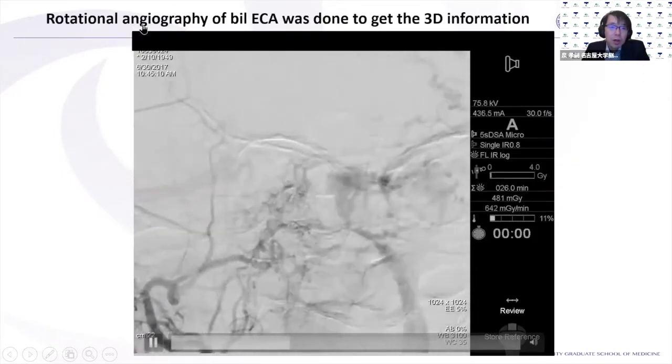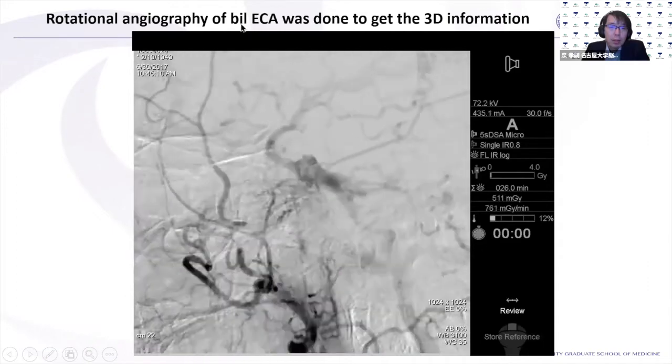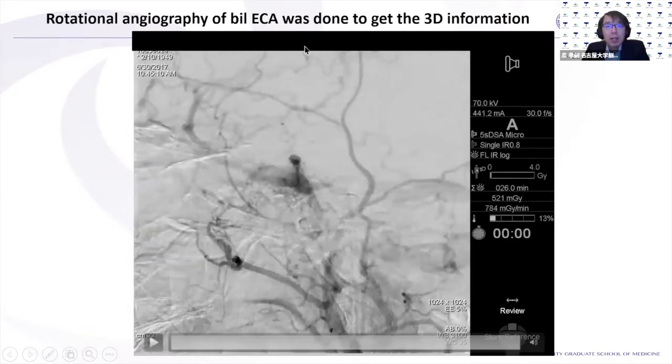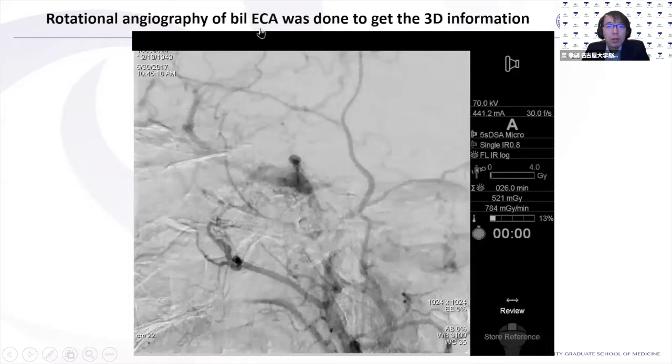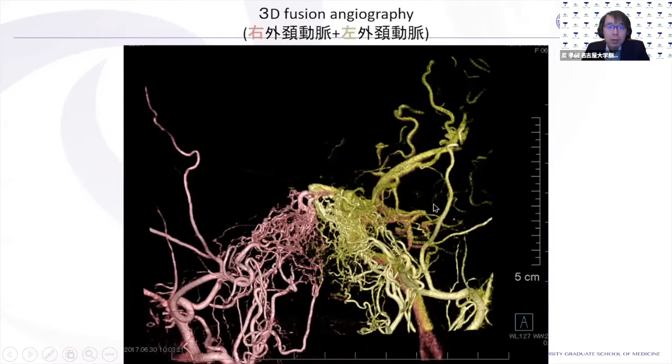Here is the rotational angiogram of bilateral ECA, and we did a bilateral ECA rotational angiogram to get 3D information. Here is the fusion angiogram of 3D DSA. Yellow means the left ECA, and red is the right ECA.